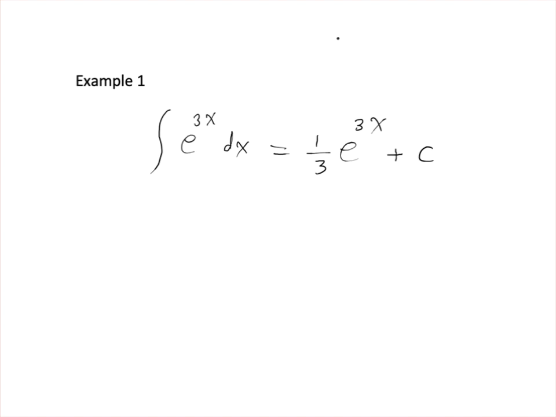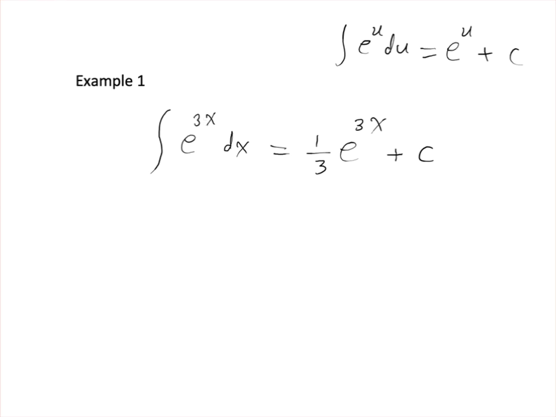We know that the integral of e to the u du would just be e to the u plus c, because the derivative of e to the u with respect to u is e to the u. So we just changed the variable x to u. But here, the exponent is 3x.